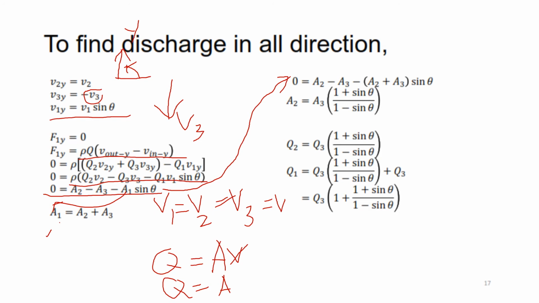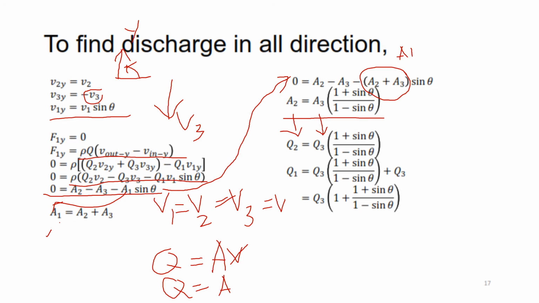So we write down again, but we need to change the A1 into this. Okay, this is actually A1. Then from this equation we can simplify it as this. Okay, and then we already consider that Q equals A, so the A can be directly changed to Q. So A2 and A3 become Q2 and Q3.